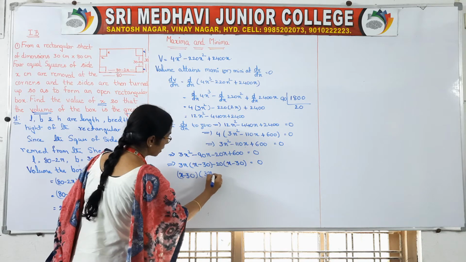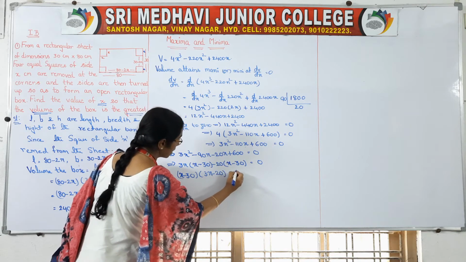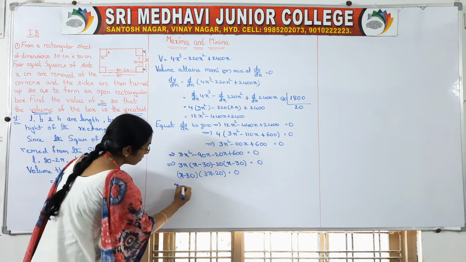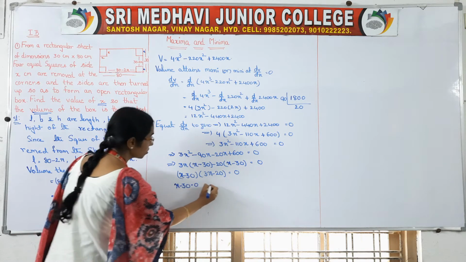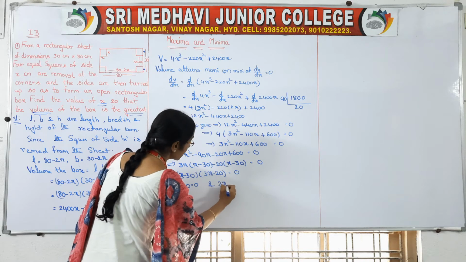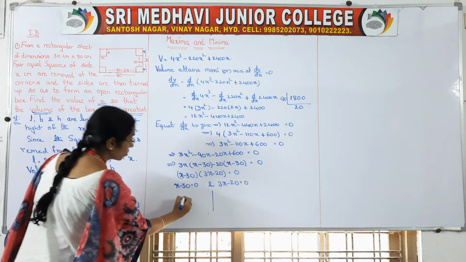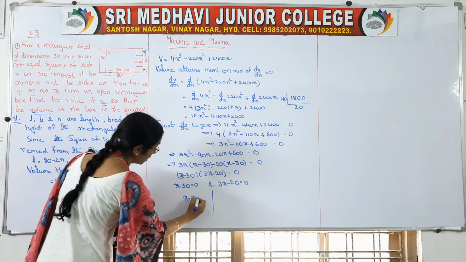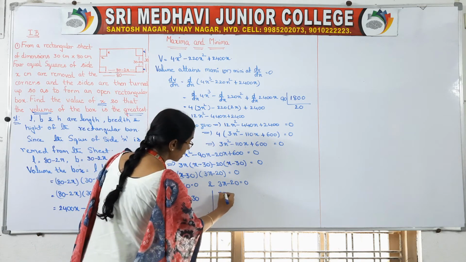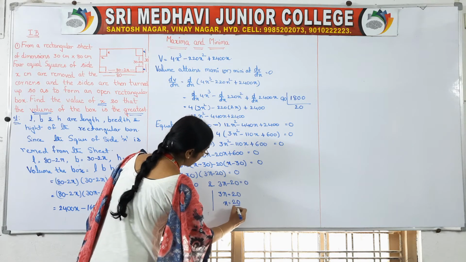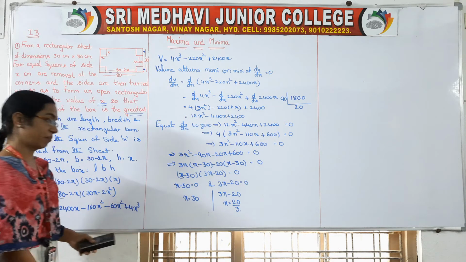So we can take 3x minus 20 is equal to 0. So x minus 30 is equal to 0 and 3x minus 20 is equal to 0. So x is equal to 30, and 3x is equal to 20, x is equal to 20 by 3.